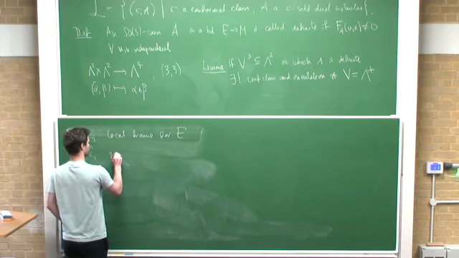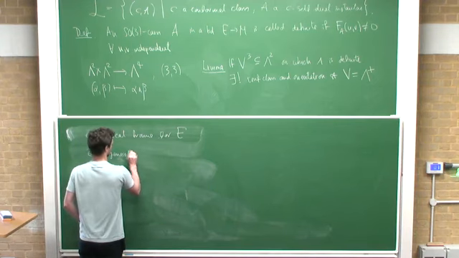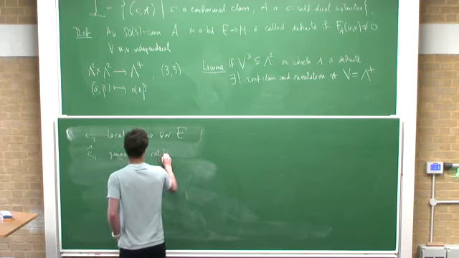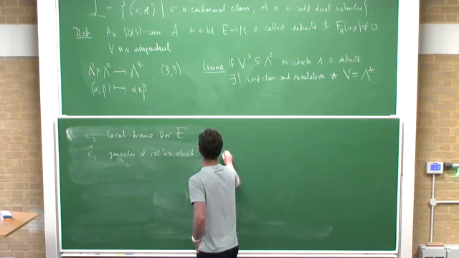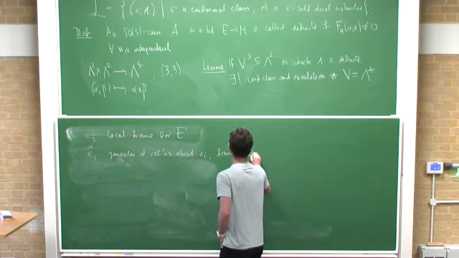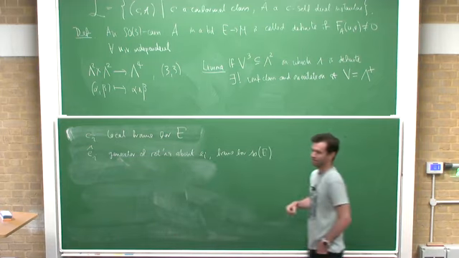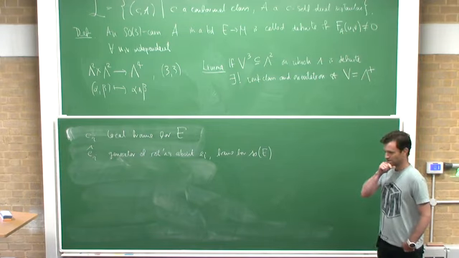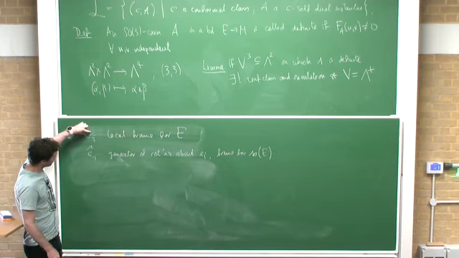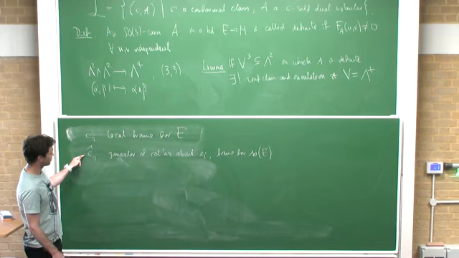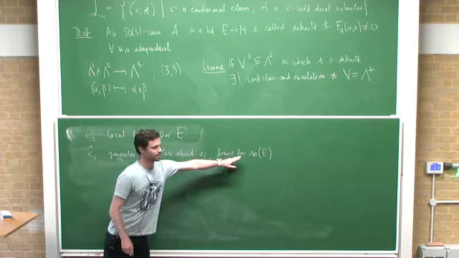This is the generator of rotations about e_i. So this is a frame for 𝔰𝔬(E). Okay, make sense? So I've got my 3 coordinate directions in E, and that gives me 3 rotations generating 𝔰𝔬(E).